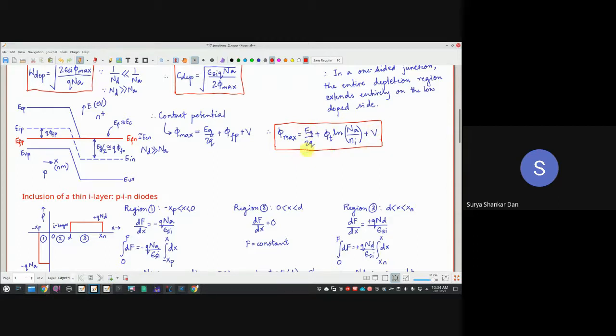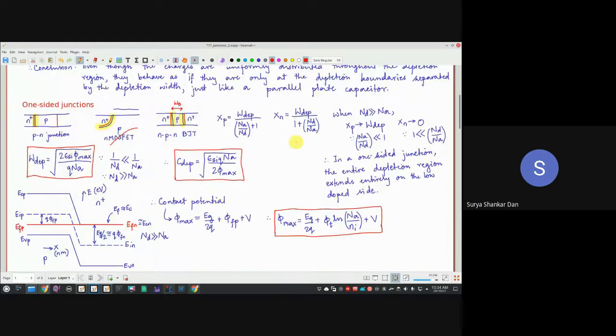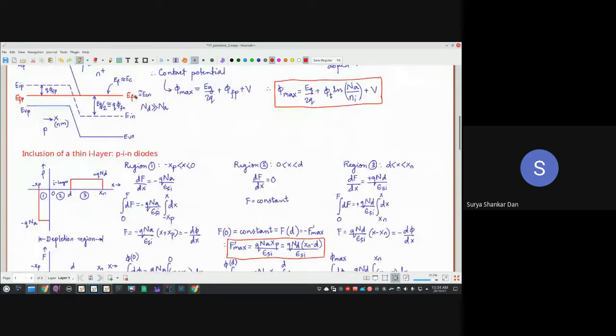The reason why I'm showing this is note that the built-in potential in a one-sided junction is independent of the doping of the heavily doped side. I should have actually written this conclusion here, but I'll write it after the class. I don't want to waste time in the class. So what is the conclusion over here?